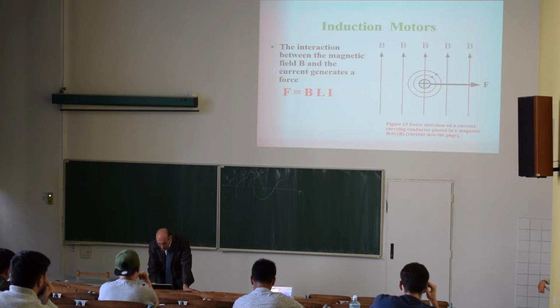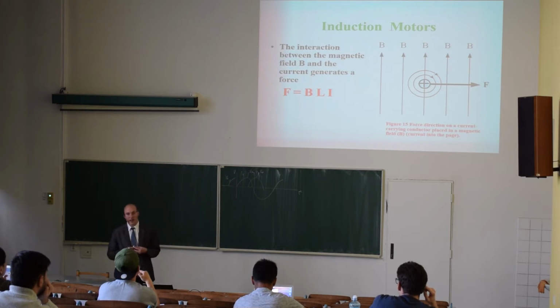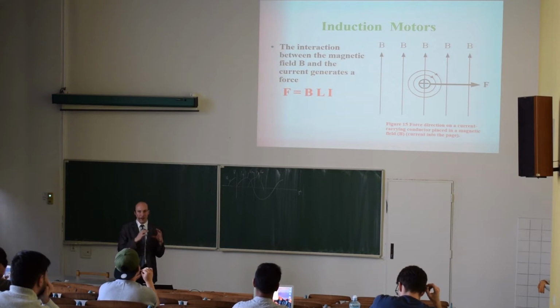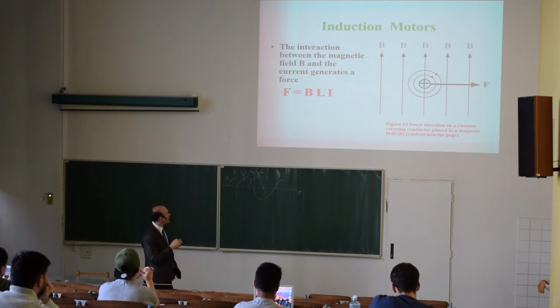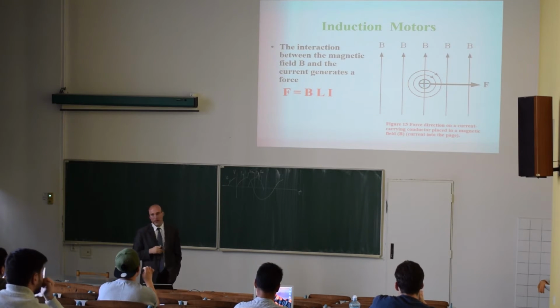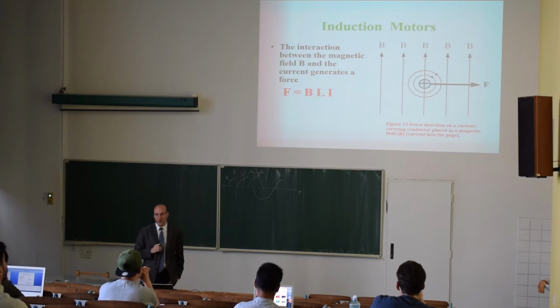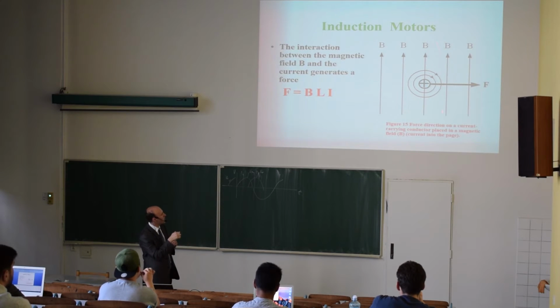So now let's discuss in more detail how the torque is being created in the induction motor. So now we know that we have one magnetic field on the stator and another magnetic field created by the induced voltages in the rotor bars. Here, this magnetic field is coming from the stator, and it's frozen in one instant. So in one moment, I have the direction of the magnetic field in the vertical direction.